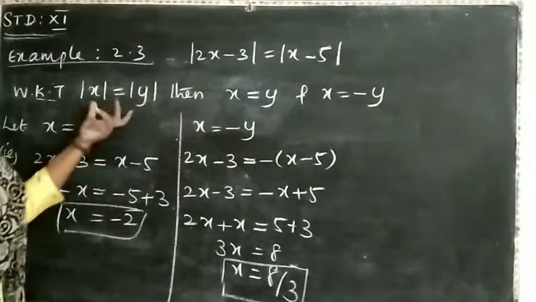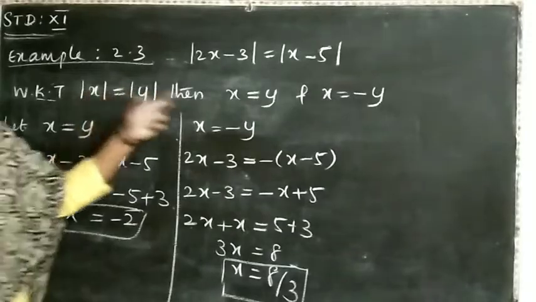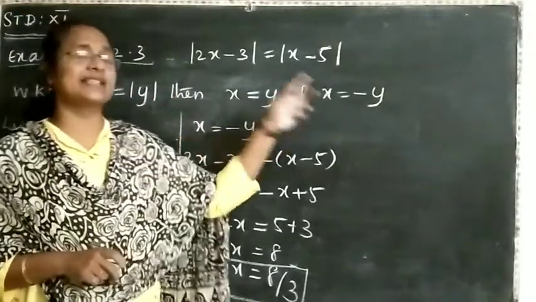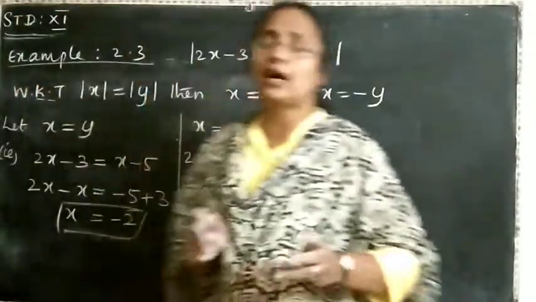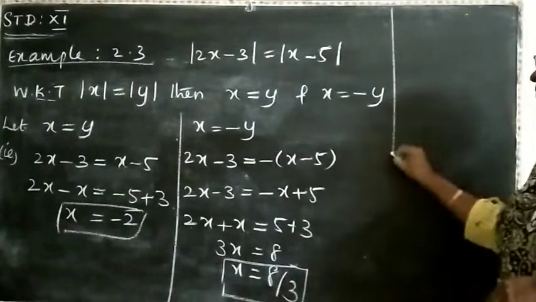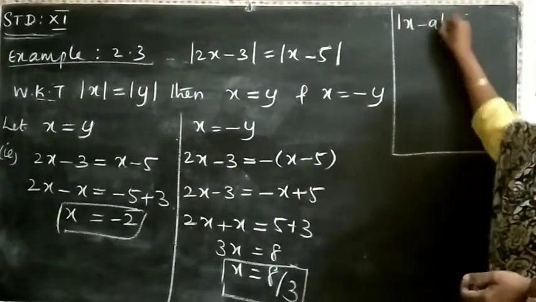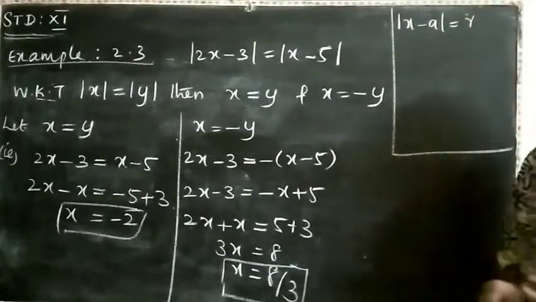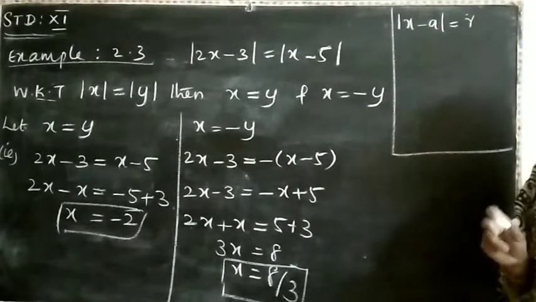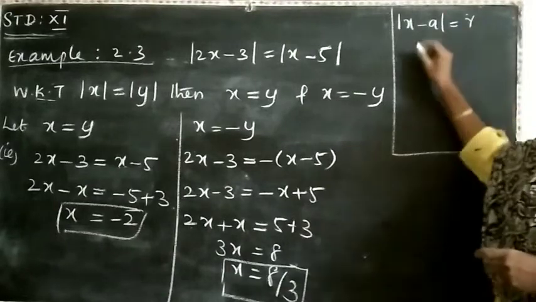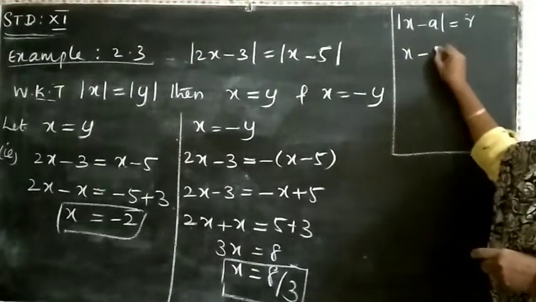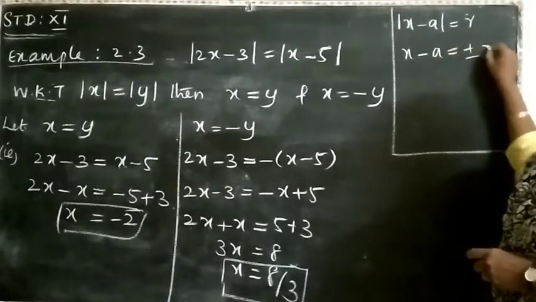If this condition is satisfied, then I can demand x is equal to y and x is equal to minus y. Now look into this. Let us recapitulate two properties here. First one: if modulus of x minus a is equal to r, then I can demand that x minus a will be equal to plus or minus r.